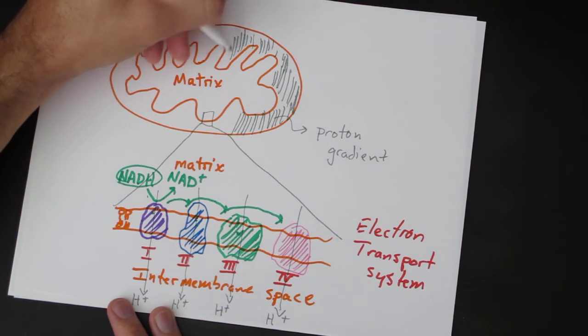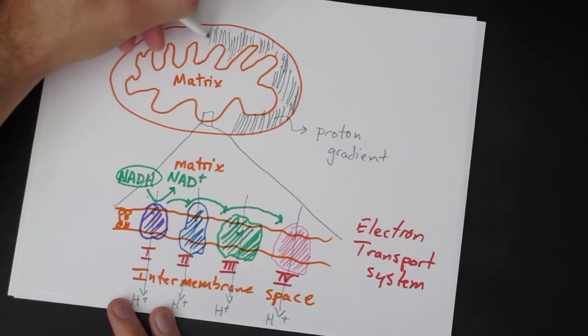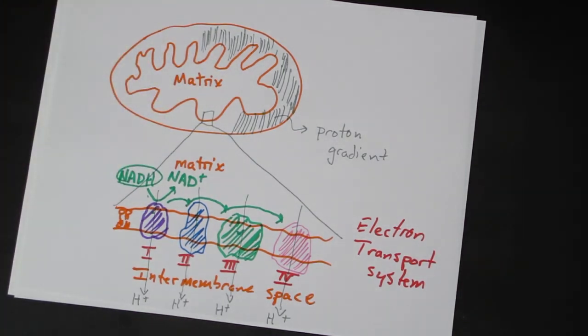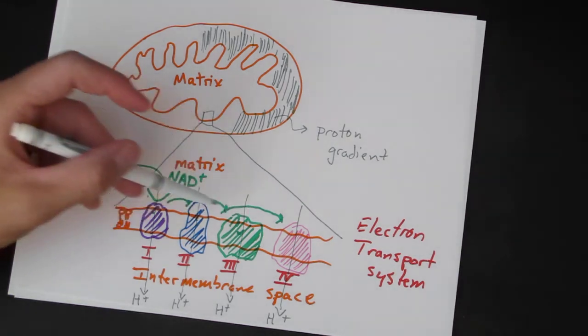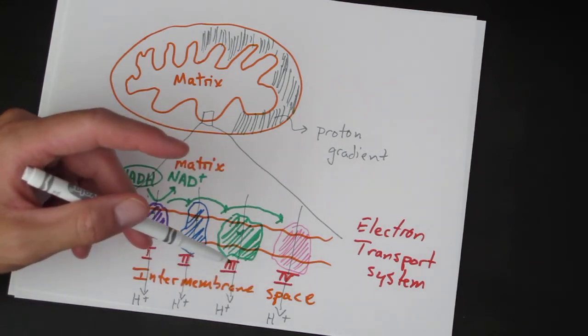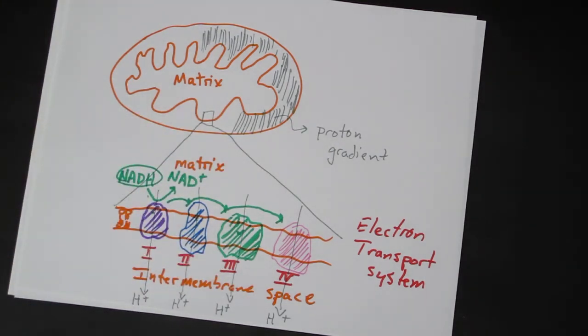And that's because of the redox reactions involving these NADH and FADH molecules that are produced. FADH2 enters a little bit further down the line, so it ends up not pumping as many protons across, but the idea is still the same.